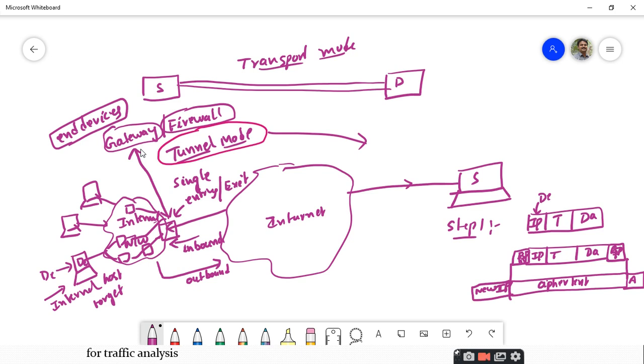So step 1 is you prepare the data in this format: IP, where you store the destination address of the internal host, then TCP and data, and you add the ESP header and ESP trailer, and the entire thing you have to encrypt, from here to here.